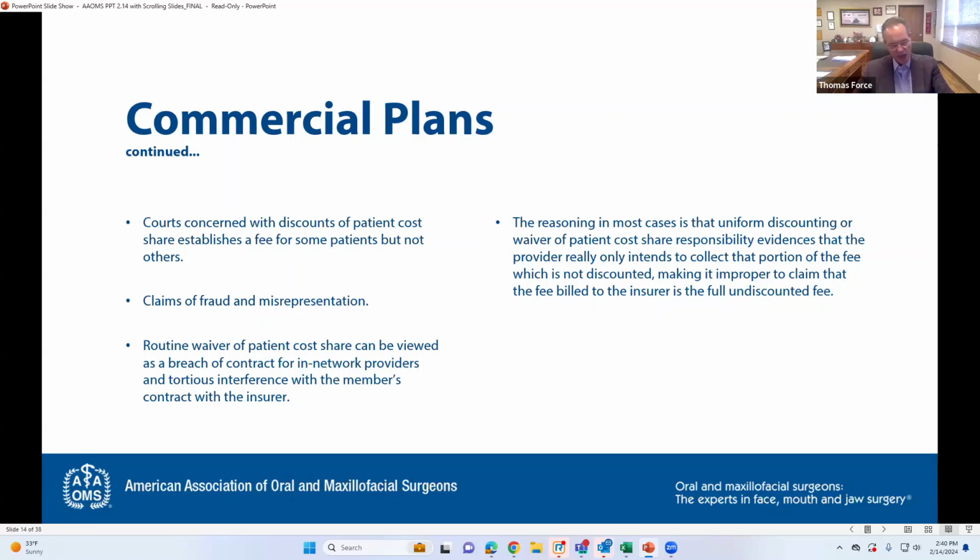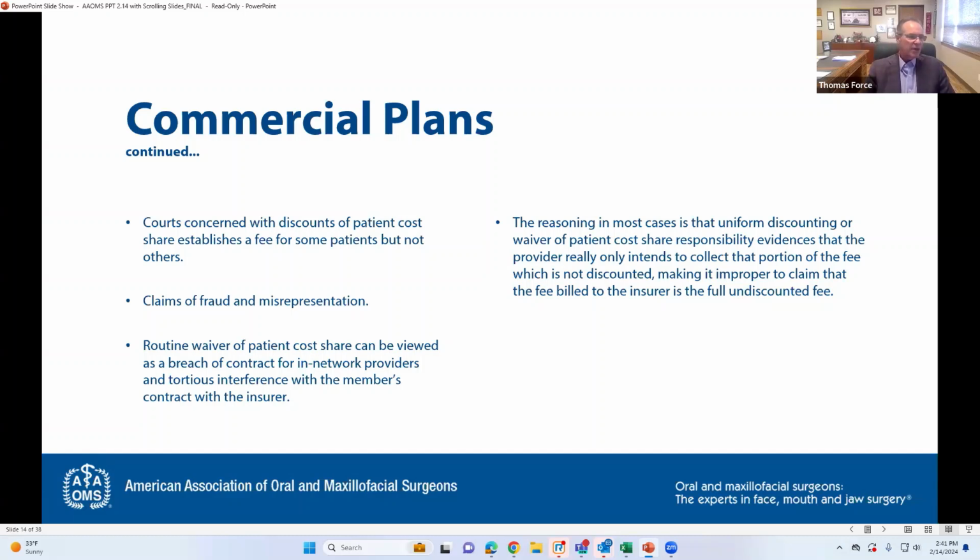So if the charge is $10,000, as you'll see soon in an example, and you agree to waive $2,000 coinsurance, but you're billing the insurance company $10,000, you're committing insurance fraud in the eyes of the insurance company. So routine waiver of patient cost share can be viewed as a breach of contract for in-network providers. We discussed that. And a tortious interference with the insurance company member's contract, for both in and out of network providers.